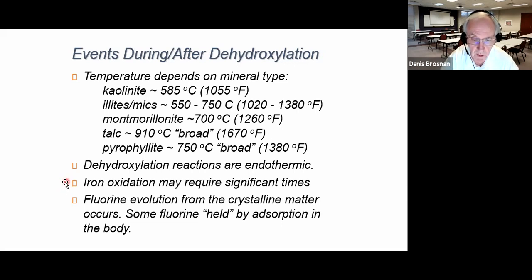So as iron progresses in oxidation, the color can go toward a red, toward a black in color. And we know that fluorine is evolved. Now, fluorine is evolved during dehydroxylation, but the body can hold on to it. The ceramic can hold on to it. After all, the ceramic is a thick section of product, and we're making bricks, and it can slowly release fluorine later on.